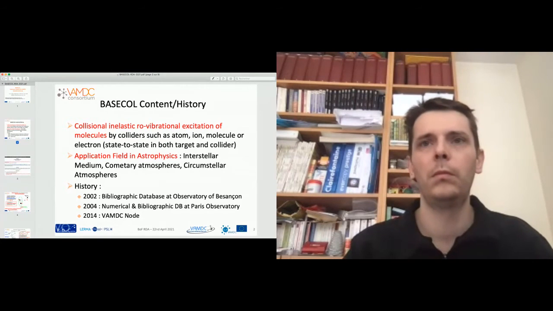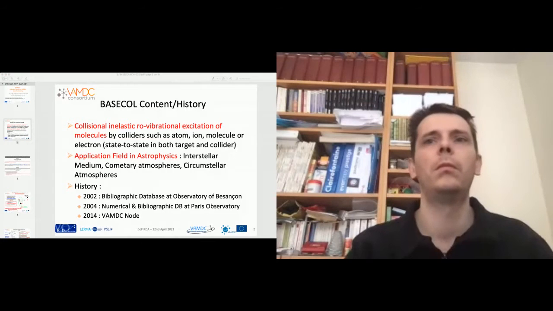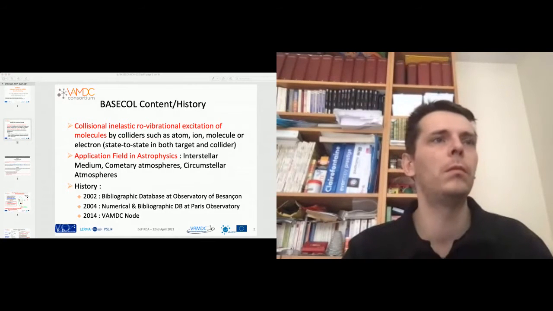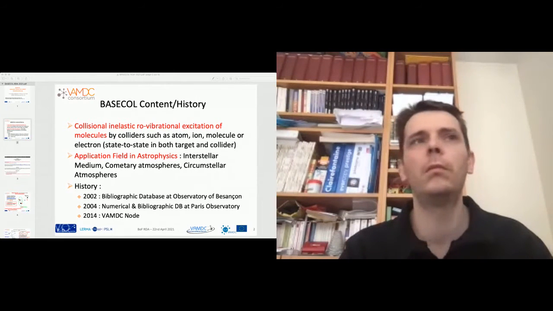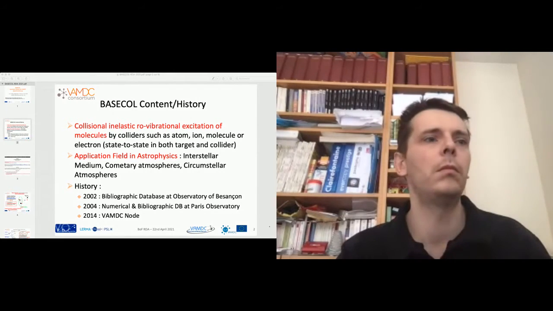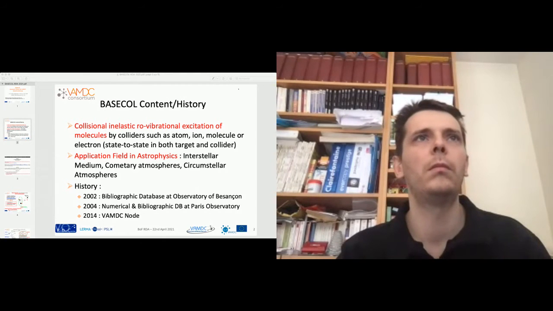It has what we call rate coefficients, which are used in astrophysics for the interpretation of spectra. So the database has both numerical data, which are used by the astrophysical researcher, and bibliography attached to those data.